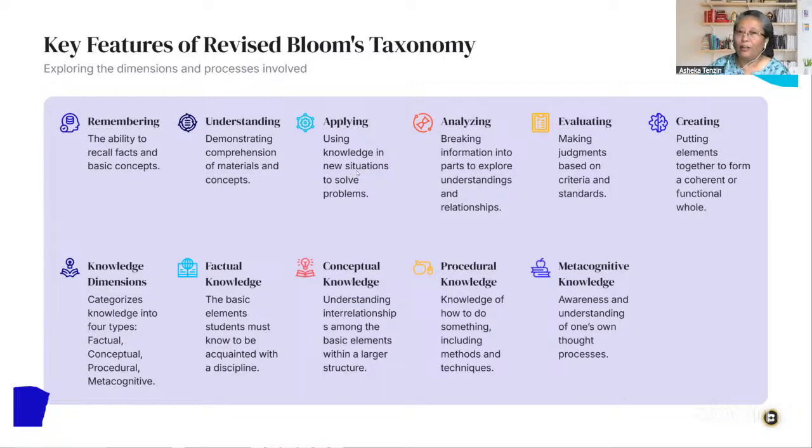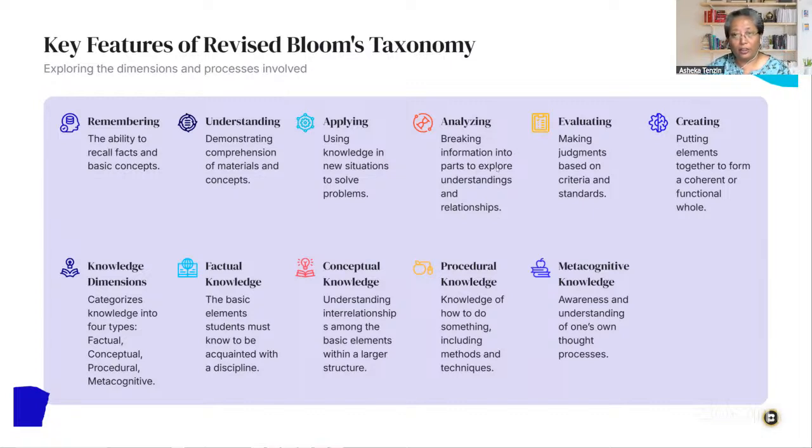Now, the next level of Bloom's taxonomy is analysis. Here, what the students will do, they will break down the information into different parts so that they can understand and see if there are any relationships. So this is similar to the relational part of SOLO taxonomy.